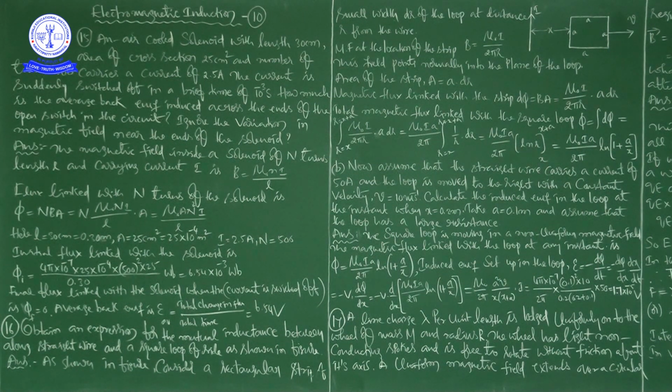The current is suddenly switched off in a brief time of 10 to the power of -3 seconds. How much is the average back EMF induced across the ends of the open switch in the circuit? Ignore the variation in magnetic field near the ends of the solenoid.